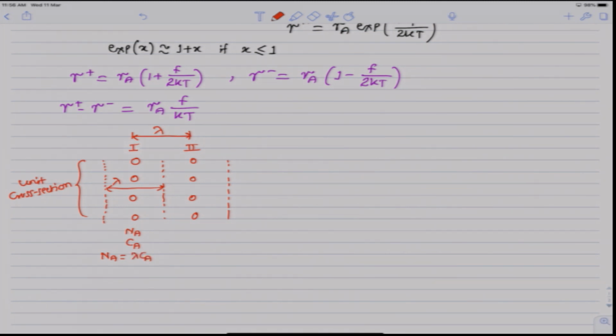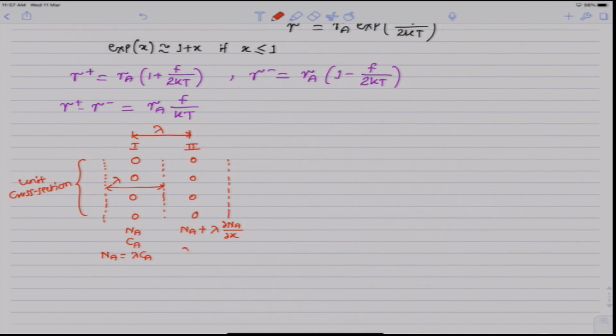And if we consider that there is a concentration gradient from plane 1 to plane 2, then the number of atoms on plane 2 would be Na plus lambda times dou Na by dou x, that is the gradient of number of atoms with respect to x. And so, in terms of Ca, it can be written as lambda times Ca plus lambda square dou Ca by dou x.